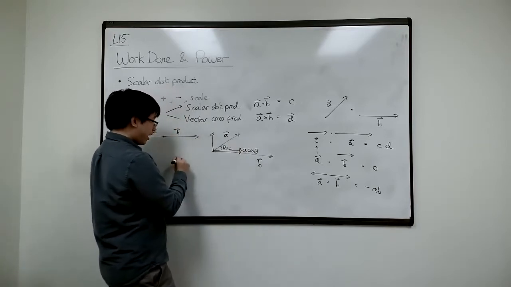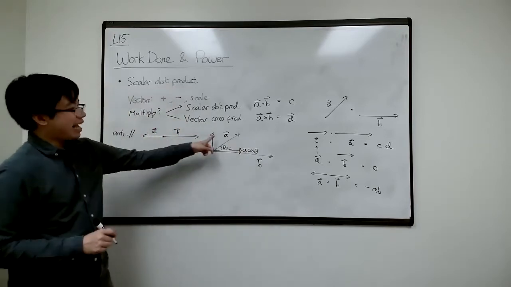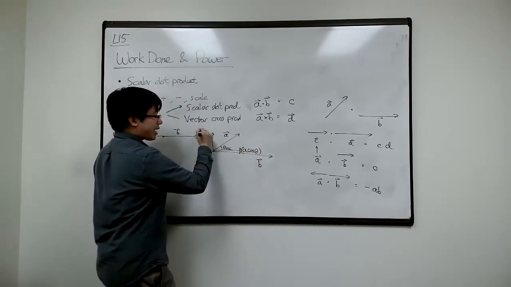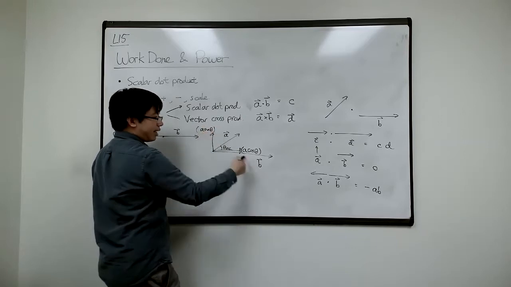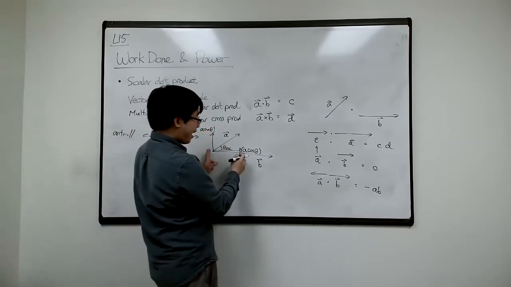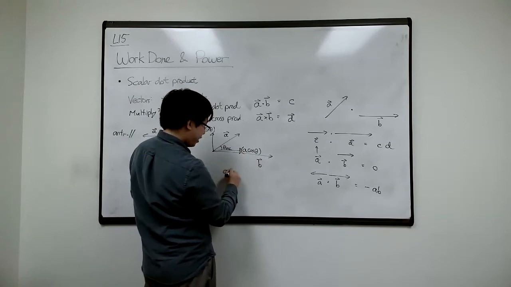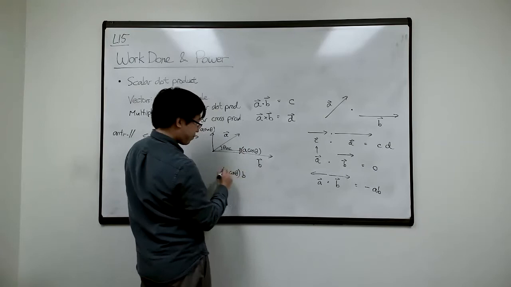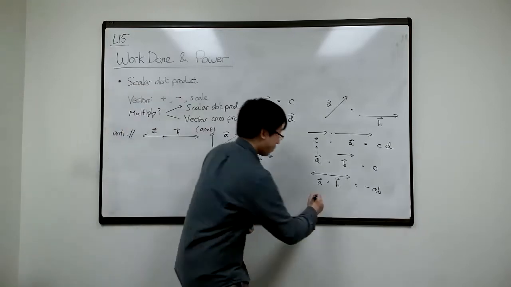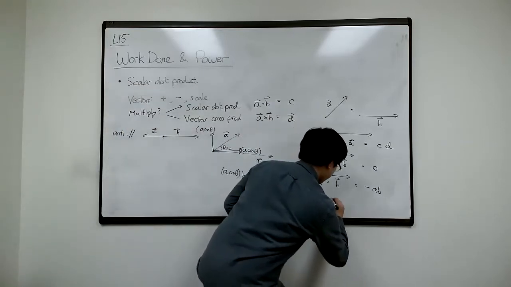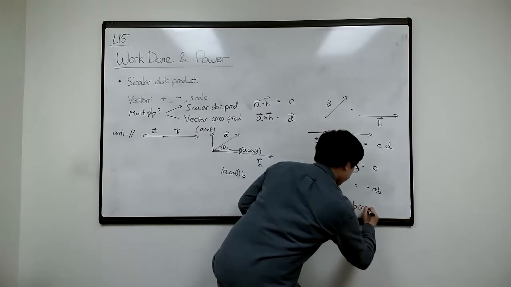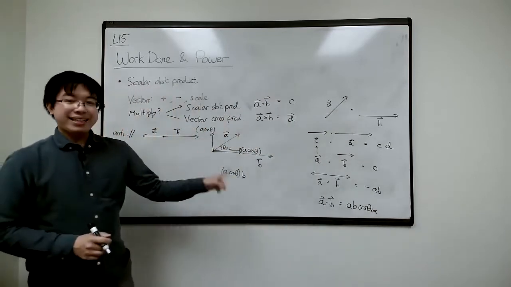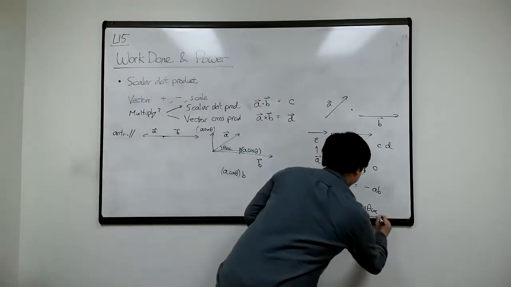If I ask how A affects B, it's only the A cosine theta part that affects B. So I should just multiply A cosine theta with B. Okay, so maybe I will have a definition like this. And in fact, that is the definition of a dot product.